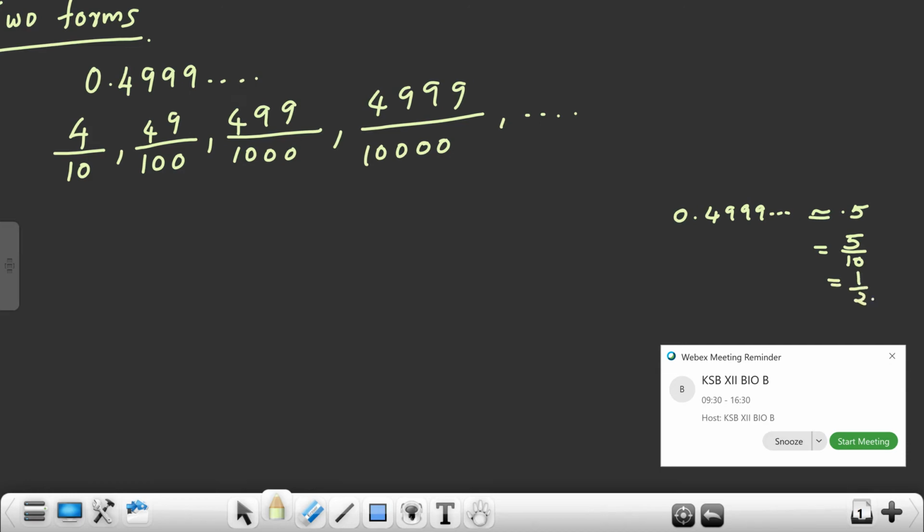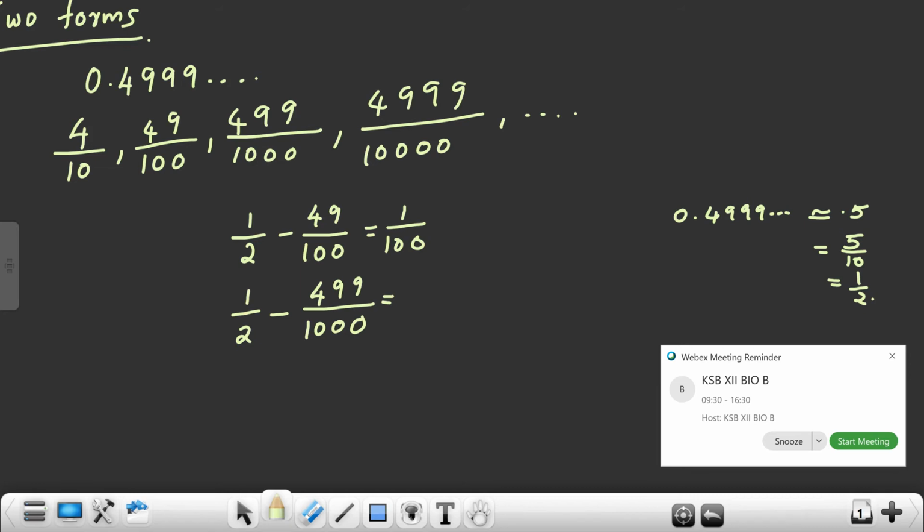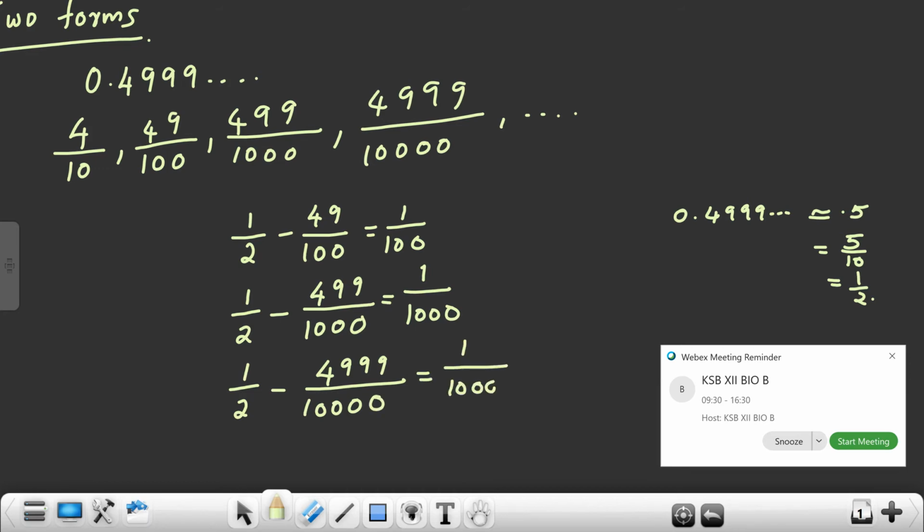By using this, we can write that 1 by 2 minus 49 by 100 is equal to 1 by 100. 1 by 2 minus 499 by 1000 is equal to 1 by 1000. 1 by 2 minus 4999 by 10,000 is equal to 1 by 10,000. Continuing like this.